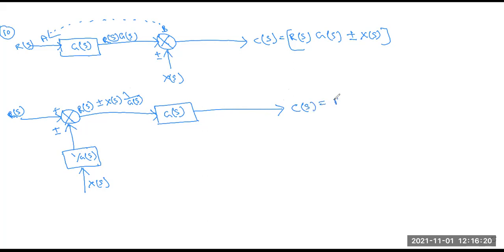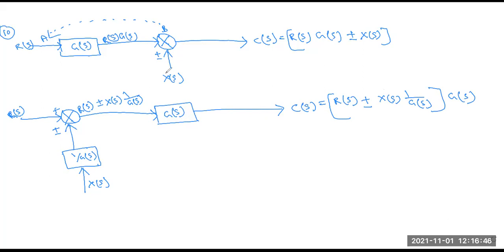This is equal to R(s) plus X(s) into 1 by G(s), also plus minus, both signs are here also. Another one is also G(s). So this is basically the complete output equation from here.